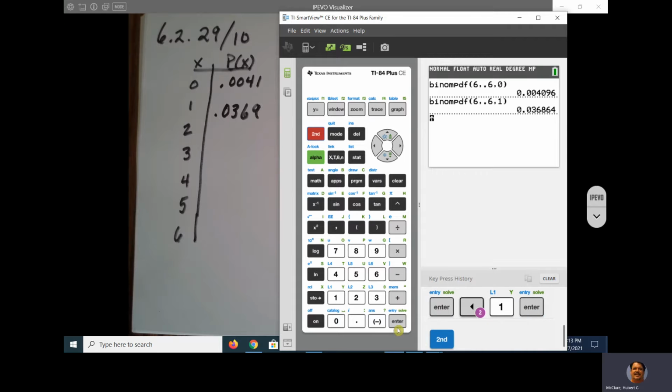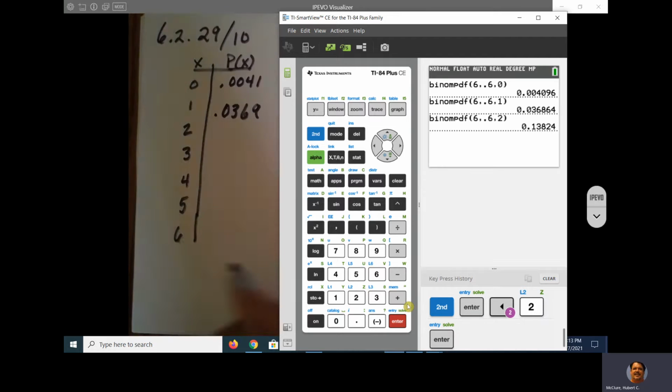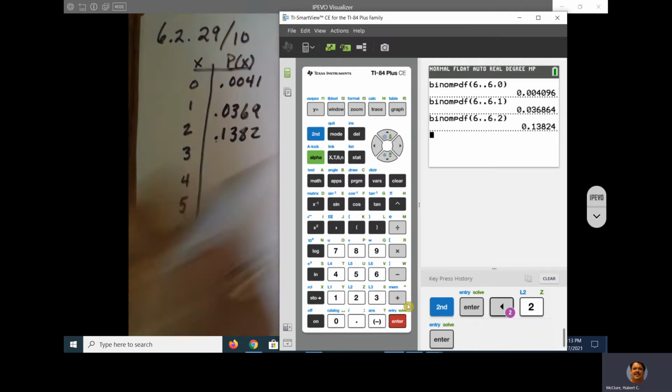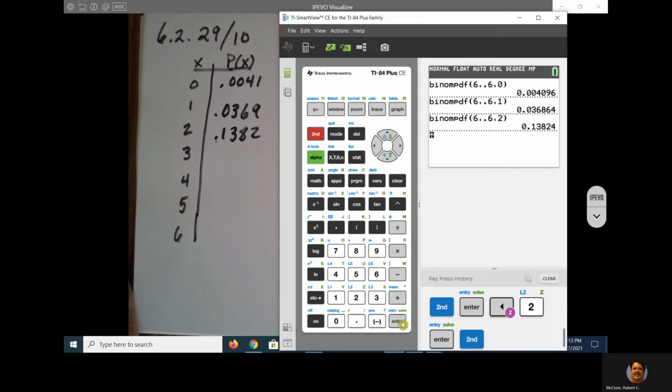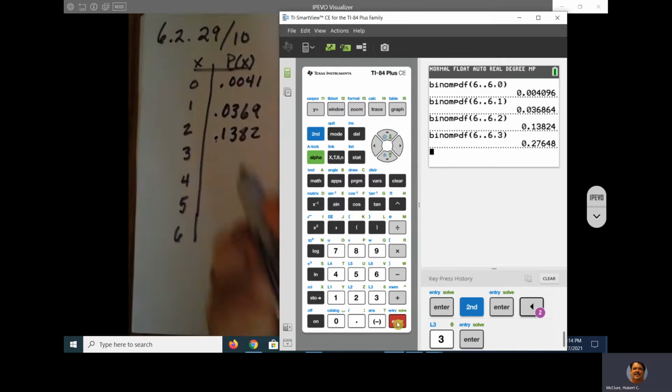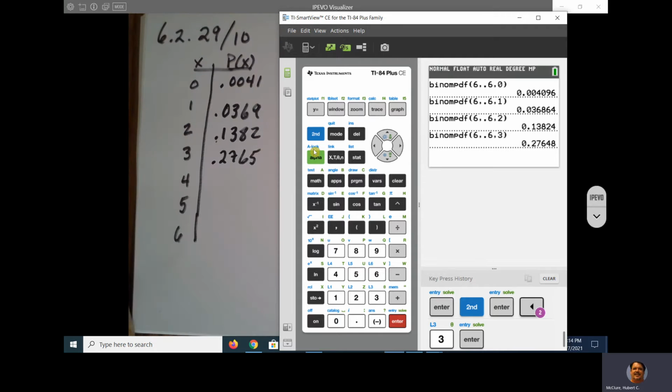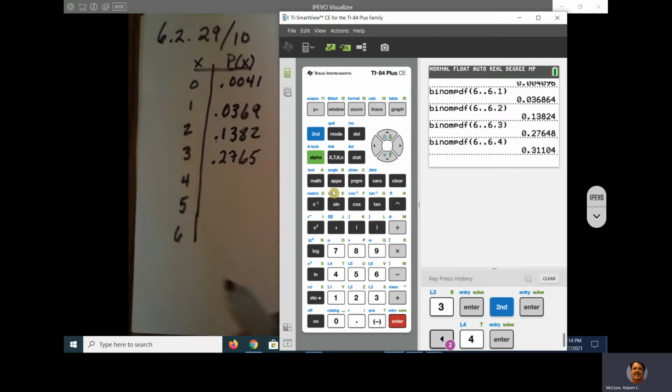Second entry, change that to a 2. 0.1382. Second entry, change that to a 3. 0.2765. Second entry, change that to a 4. 0.3110.